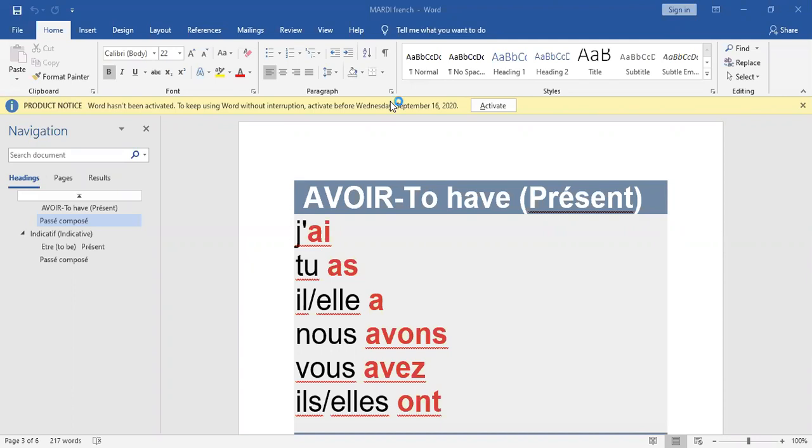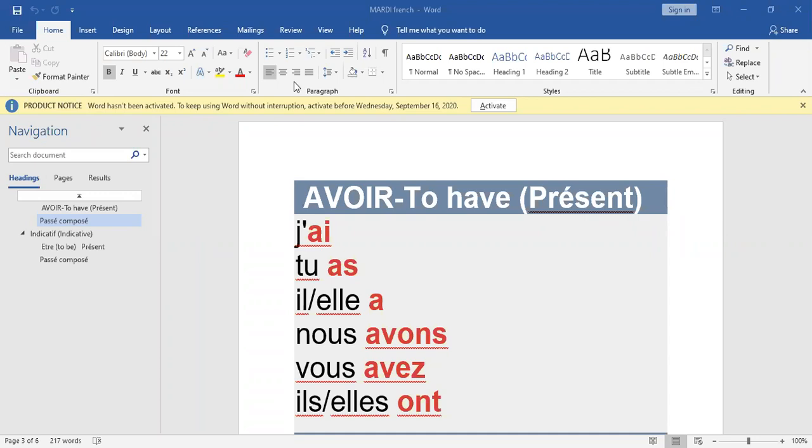And remember, vous here is the you plural, which we use for our senior, a group of people, or somebody you're meeting for the first time. You're not familiar with that person. You use it to accord respect as well. Ils ont. Elles ont. They have.